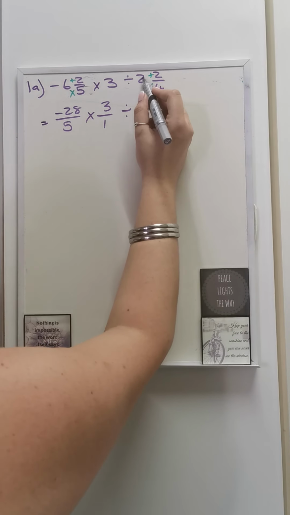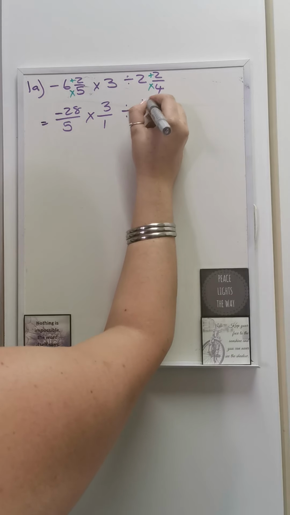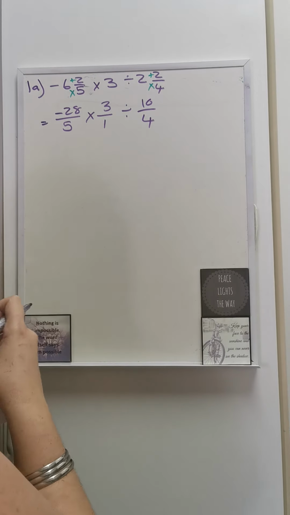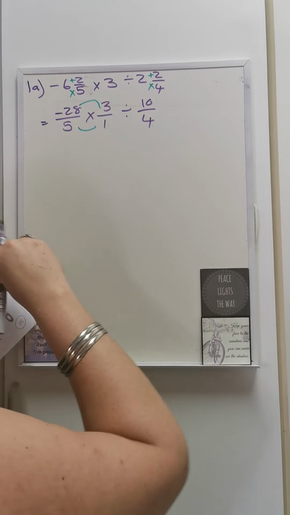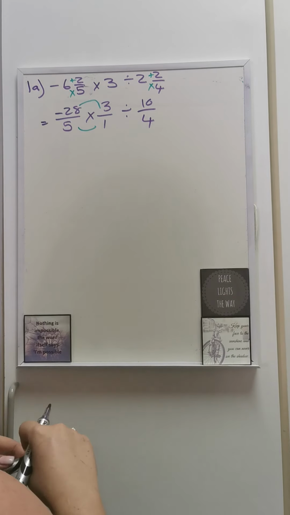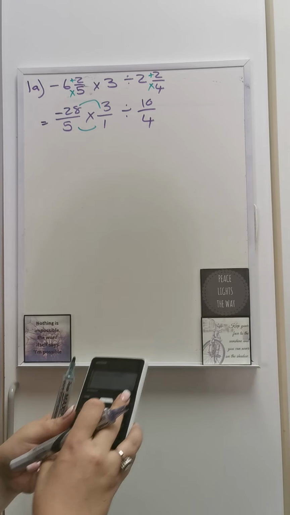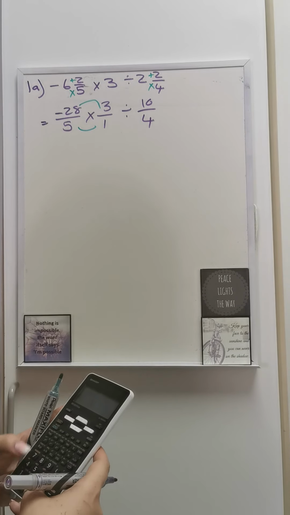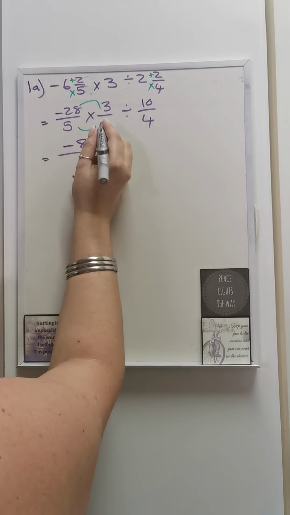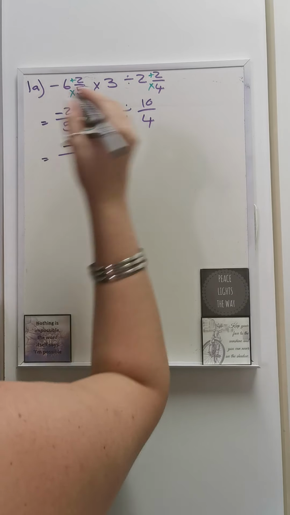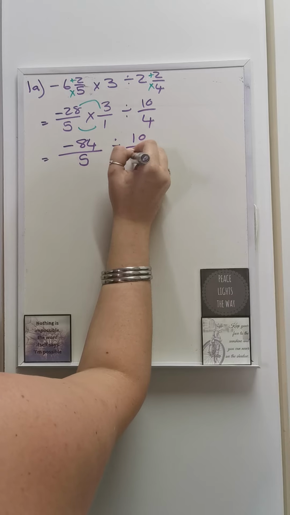Divided by 4 times 2 is 8. 8 plus 2 is 10 over 4. Okay, so when we times with fractions, we times at the top, we times at the bottom. So negative 28 times 3 gives you negative 84 over 5 times 1 gives you 5, divided by 10 over 4.